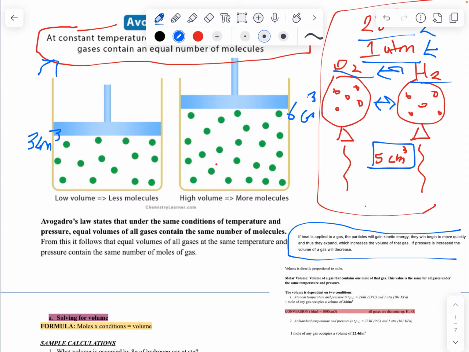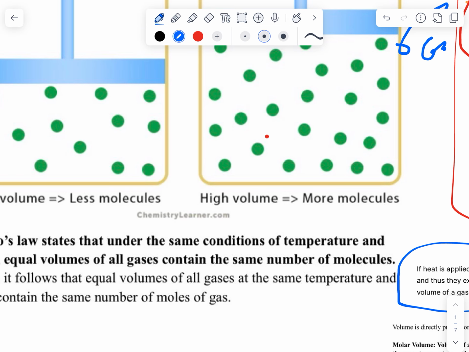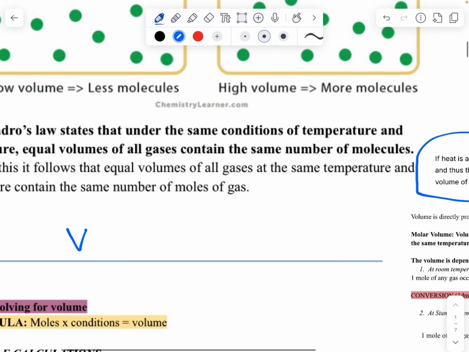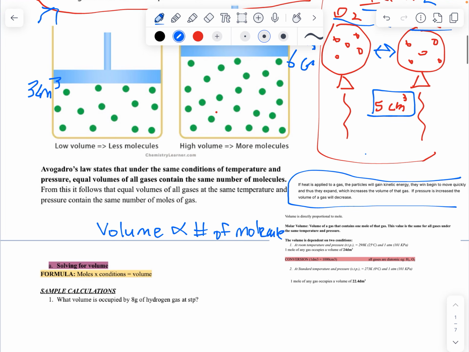So that's how volume relates to molecules, and this gives us a little equation: volume is directly proportional to the number of molecules. As the volume increases, we expect the number of molecules to also increase.